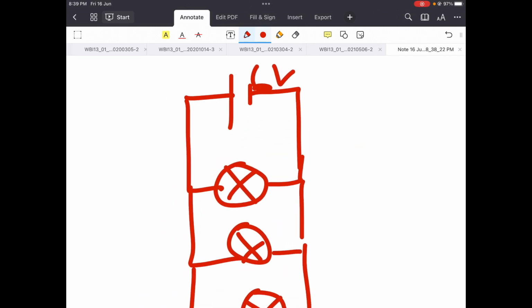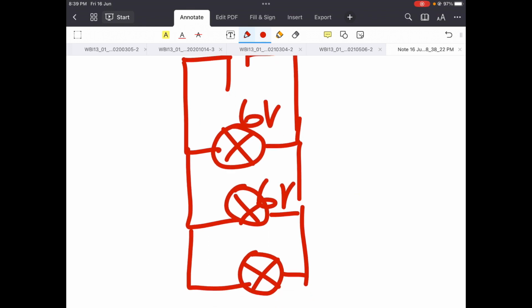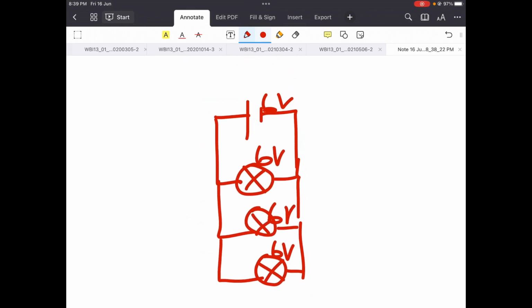So if this is 6 volts, then all of these will be 6 volts, 6 volts, 6 volts. And if this was 3 volts, then all of these would be 3 volts. Doesn't matter what the voltage of the cell is, the voltage of each of the branches will be the same. So in a parallel circuit, the voltage is the same.